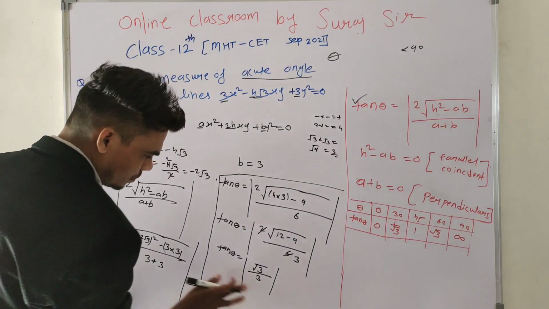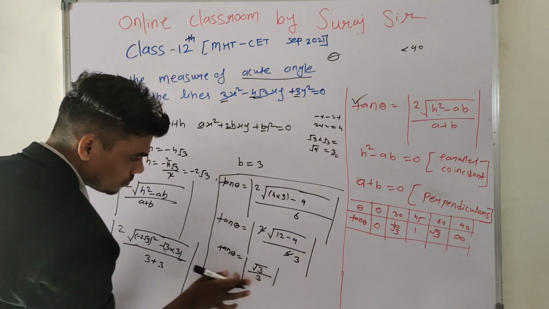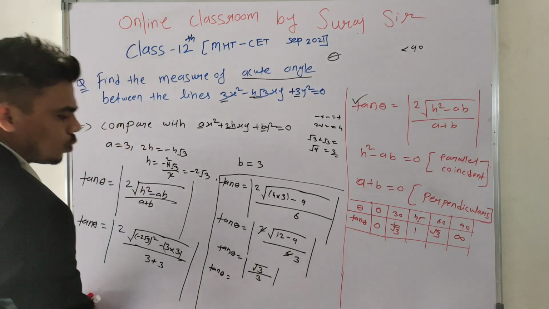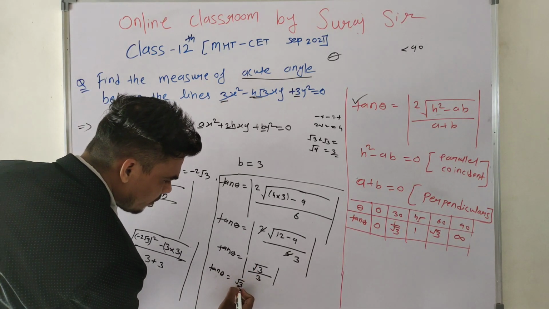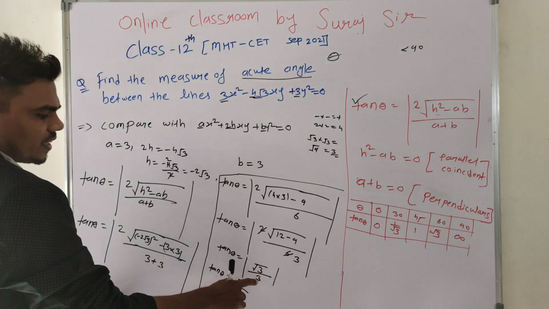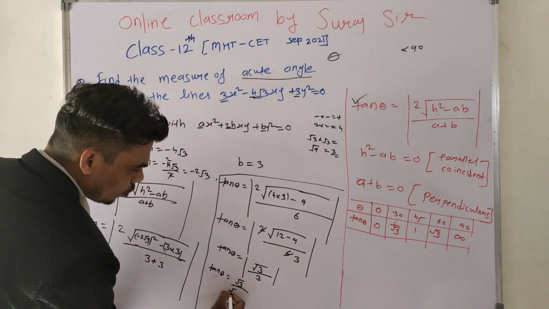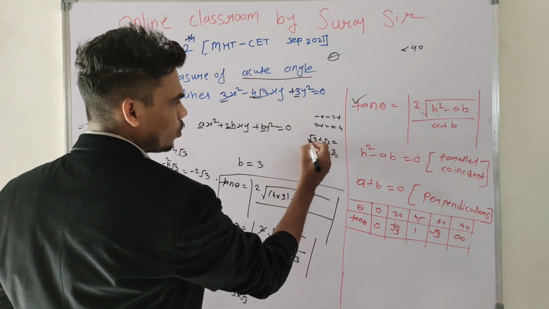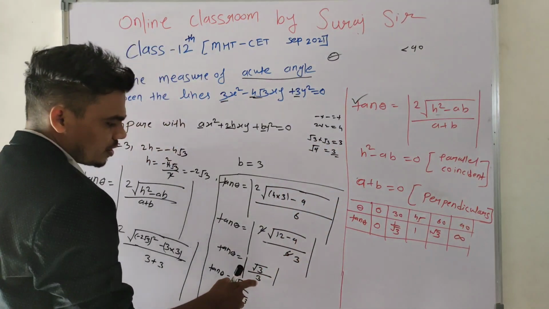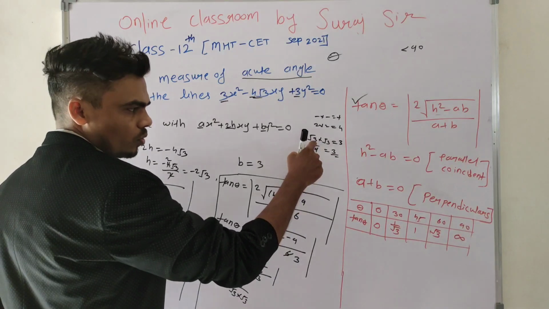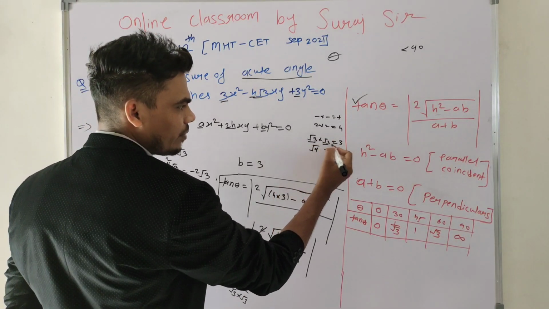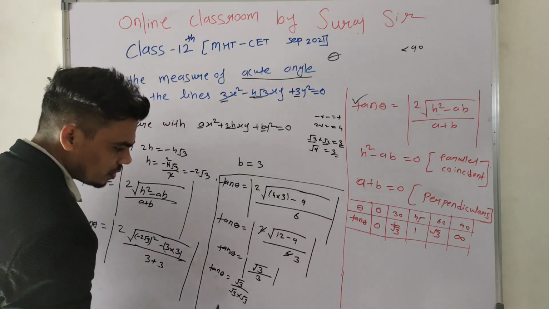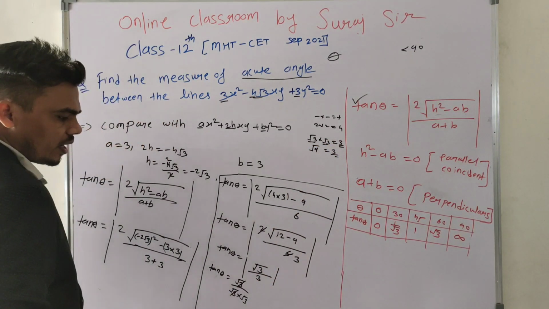Then tan theta is equal to root 3 divided by 3. We can say that 3 is equal to root 3 multiplied by root 3, so root 3 gets cancelled.